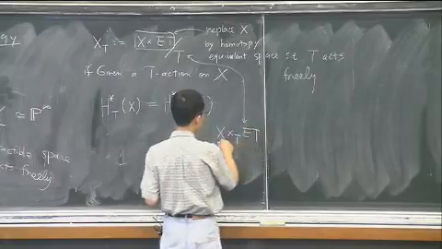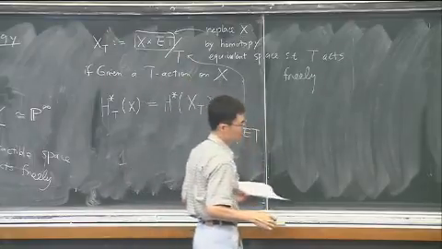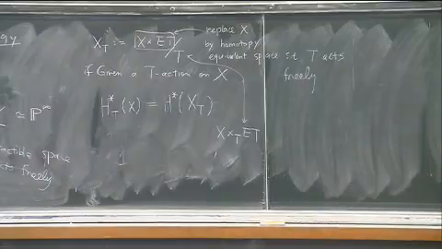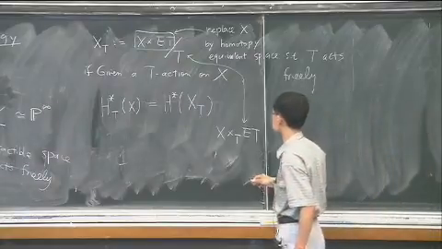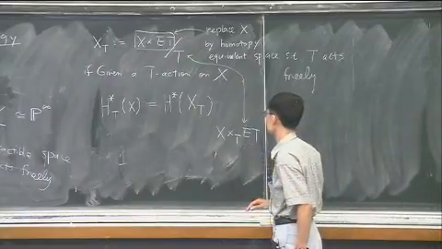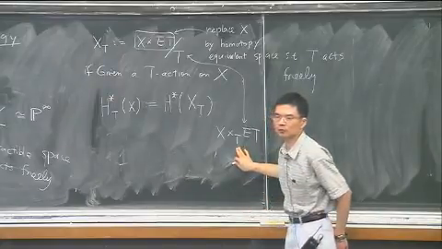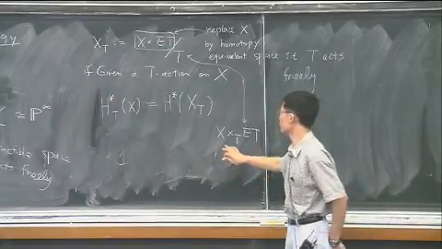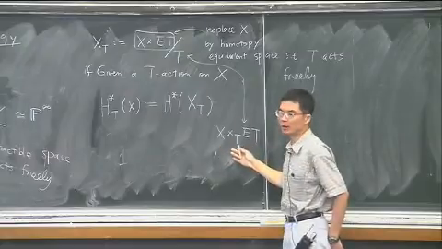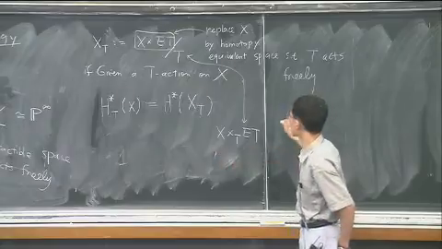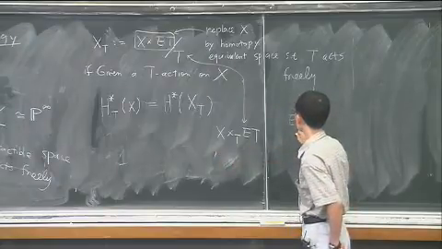But what does this mean? Well, if you really want to ask why I wrote this, I really mean the associated X bundle of that. So you have this T bundle, right?